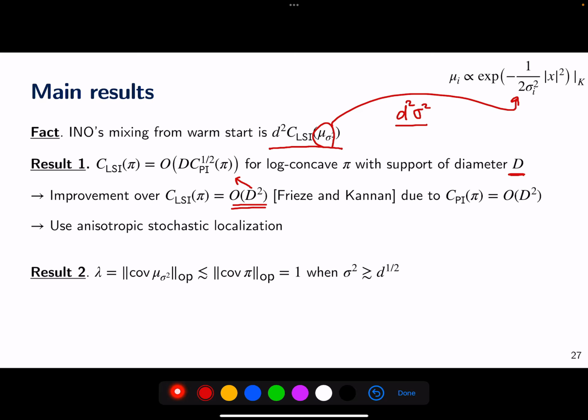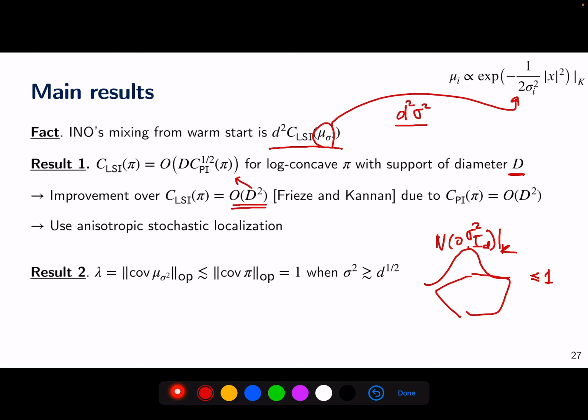And the second result is a bit more complex geometric result. Suppose we consider this distribution, a standard Gaussian truncated to an isotropic convex body K, which basically looks like this. By Brascamp-Lieb, we know that the largest eigenvalue of this distribution's covariance is bounded by 1. And as you increase sigma square, you can feel that this makes the distribution more flat, right?